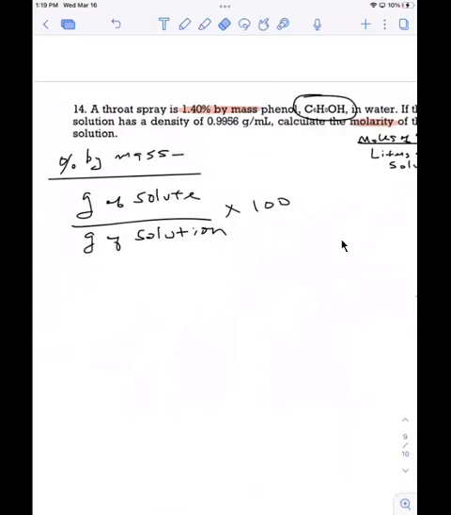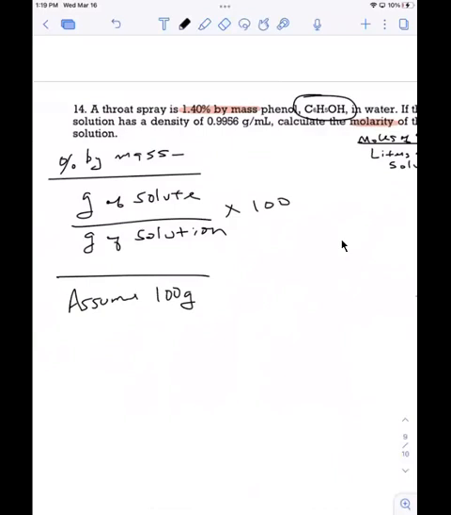That percent by mass, what we want to do is assume 100 grams of solution, right?